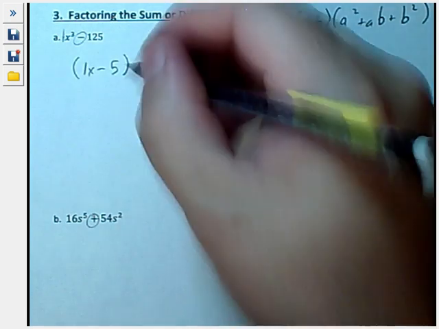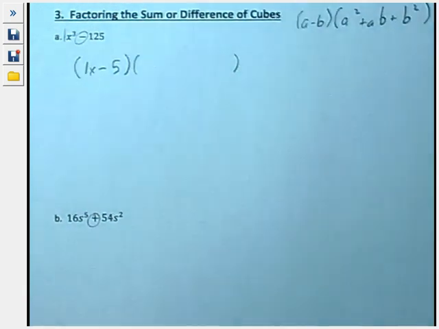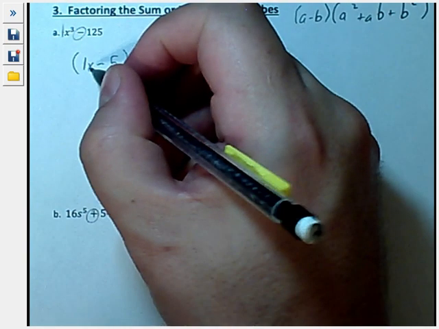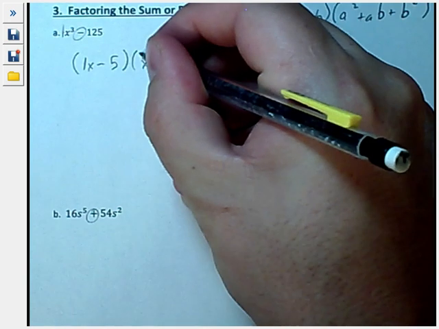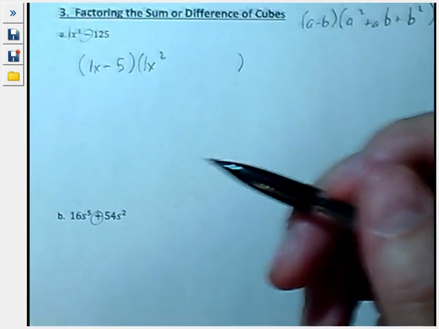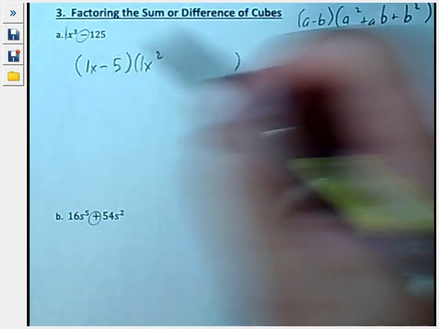And then the second set of parentheses, give myself some room here. We're going to take the first term and square it. So 1x times 1x is 1x squared. I'm going to put a 1 there. We don't typically write the 1, but it does exist. We'll multiply the two terms together and change the sign.